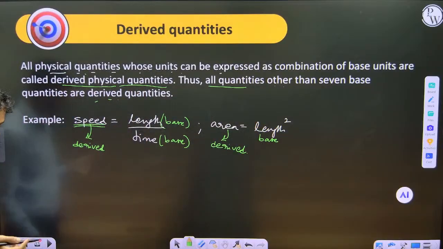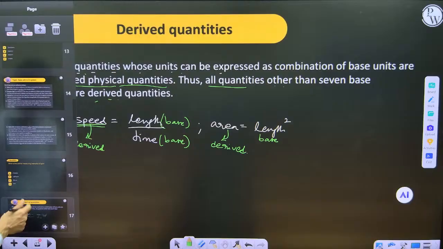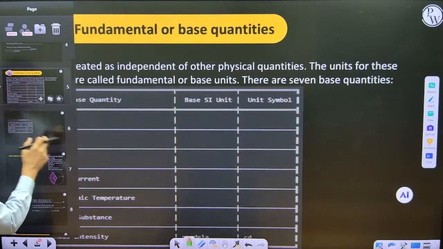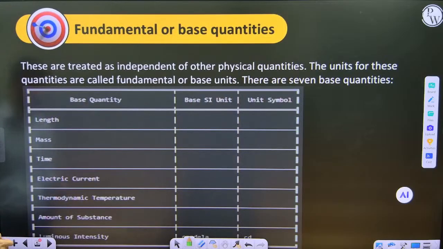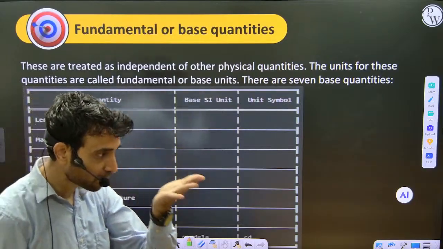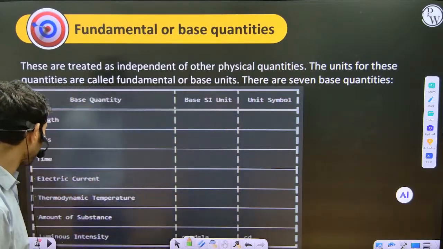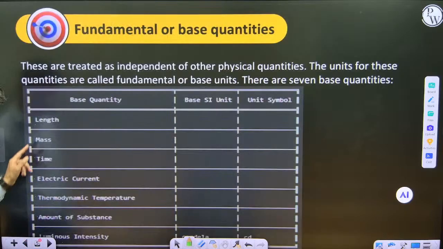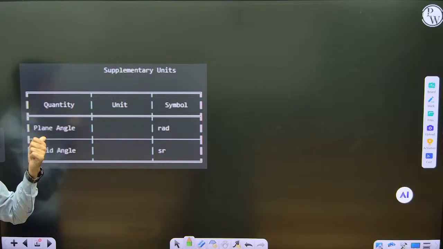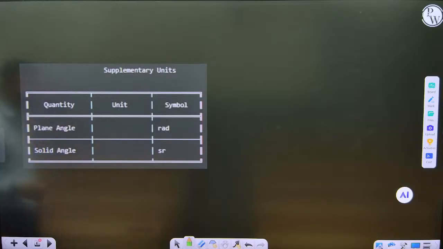If you remember, we saw a list of 7 quantities here: length, mass, time, electric current, thermodynamic temperature, amount of substance, and luminous intensity. Anything apart from these will be called derived quantities. These two are not derived quantities because they are also fundamental quantities, supplementary fundamental quantities.